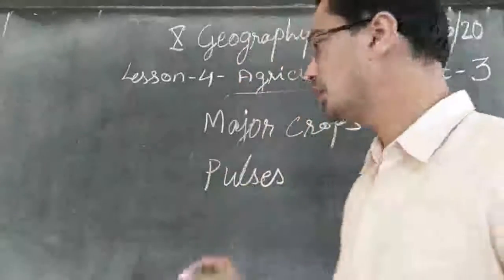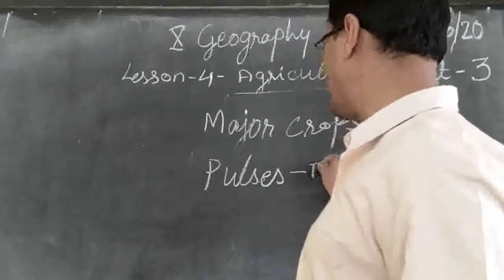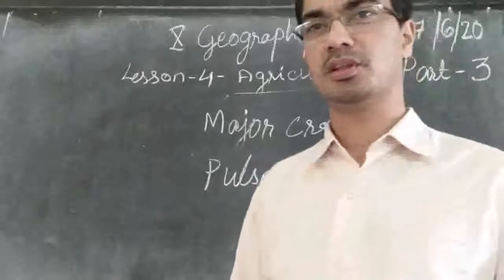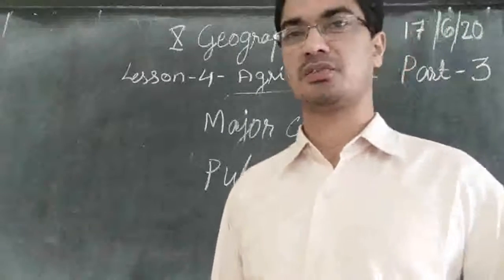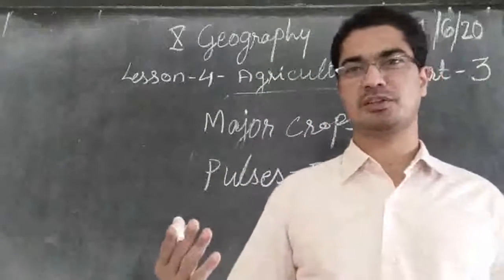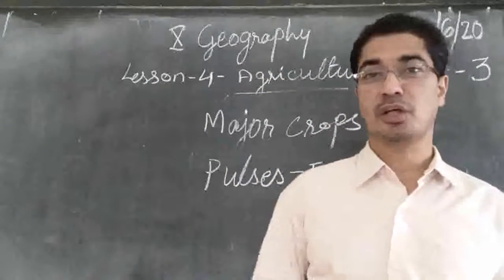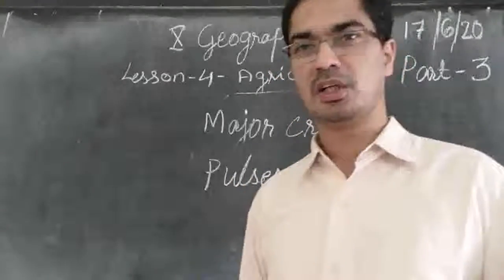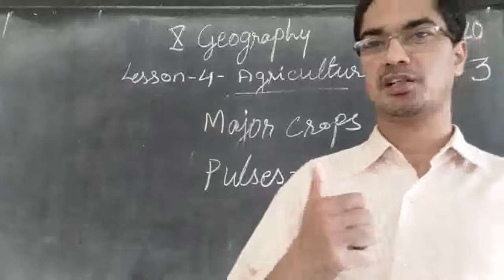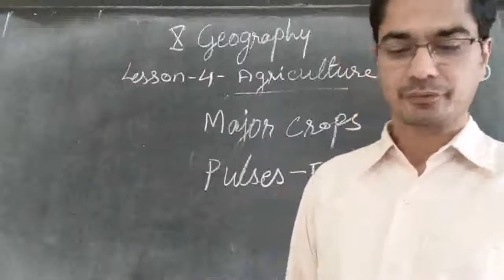You can underline who is the largest producer of pulses. So India has got first place in the world for producing as well as for consuming. So not only India is producing high amount, but also consuming, eating also, India is first. So both ways India is first, producing as well as eating.